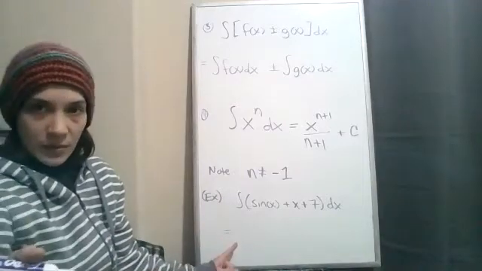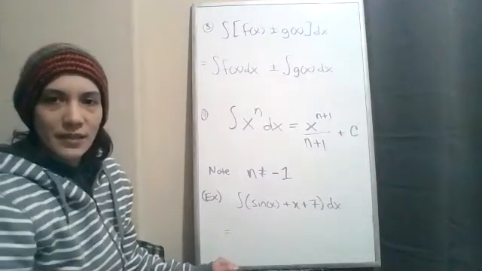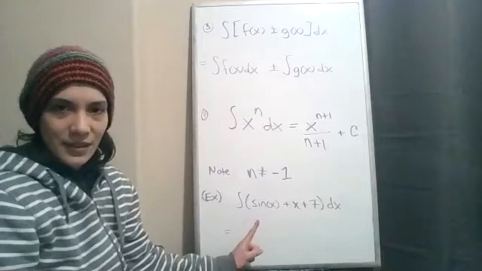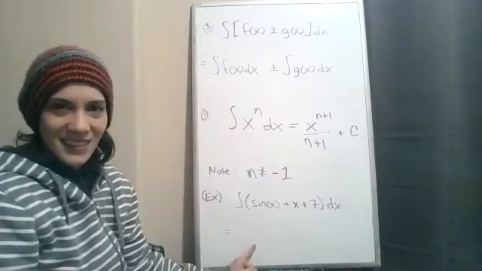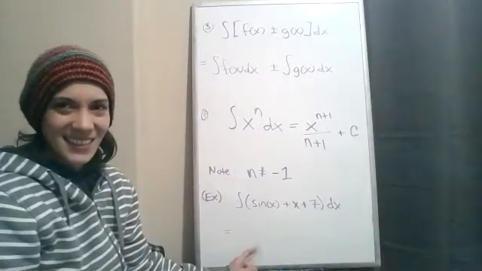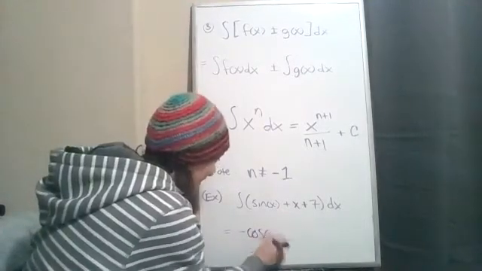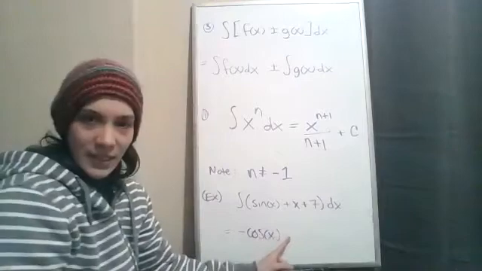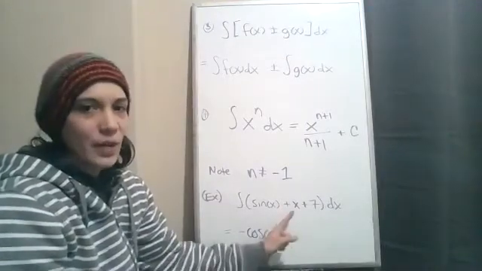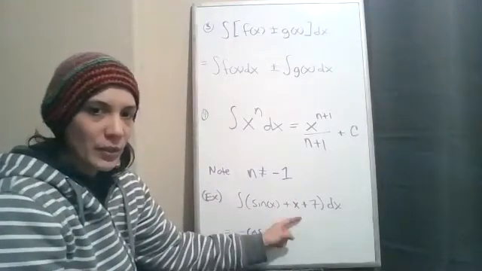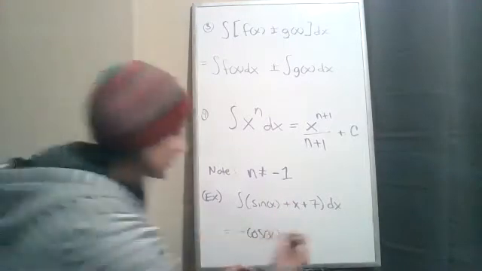So when you want to start the problem, either mention it or type it, first part. Yes, negative cosine x, thank you. Next part, anybody? Okay, we'll have a power of 2 and over 2, x squared over 2. Nice.